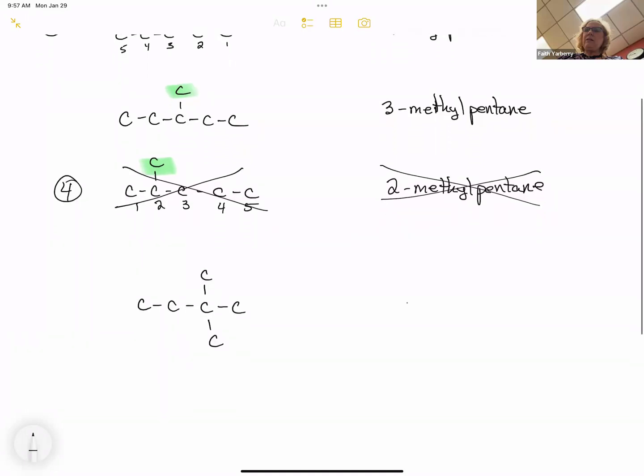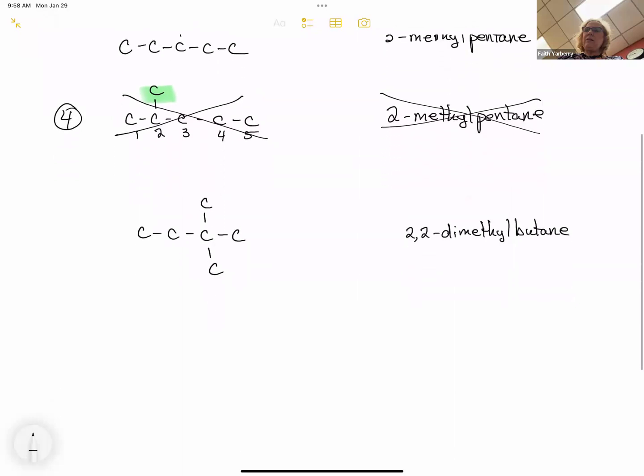So this would be 2,2-dimethylbutane. But I could also move them so that they're on different carbons.